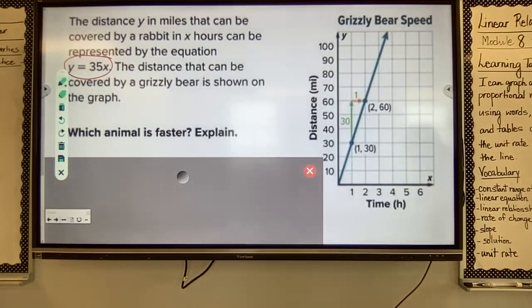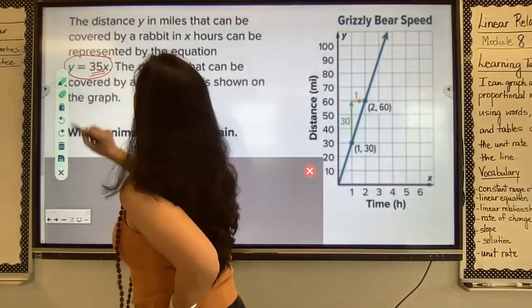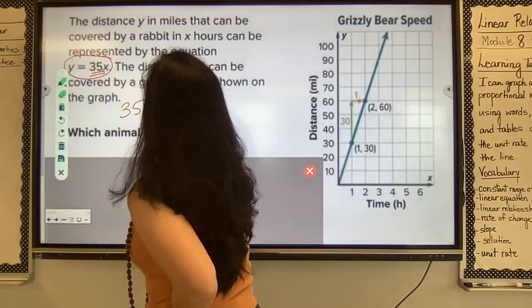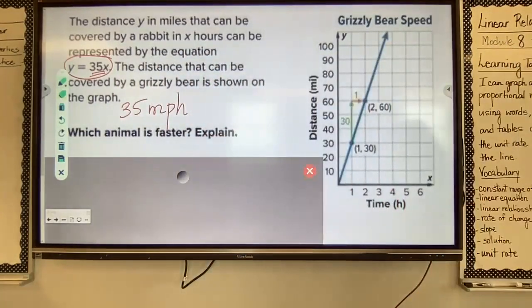So the speed is the unit rate. In the equation y is equal to 35x, the slope or unit rate is the coefficient of x. So the unit rate is 35 miles per hour, right? So this is the unit rate of the rabbit.